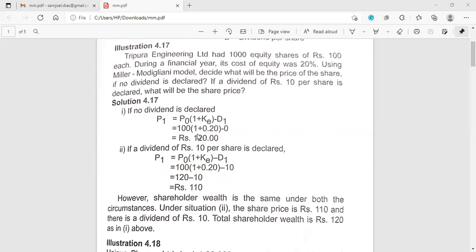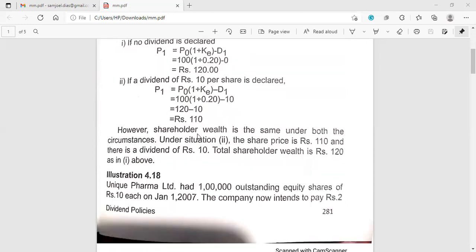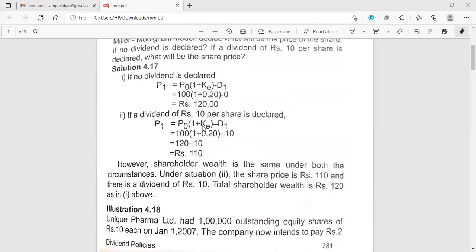That means when the dividend is declared, according to this approach, the market price will decrease. But the declaration of dividend won't affect the wealth of the shareholder, because anyhow he is getting rupees 10 as dividend per share, and the market value is 110. 110 plus 10 becomes 120 rupees.